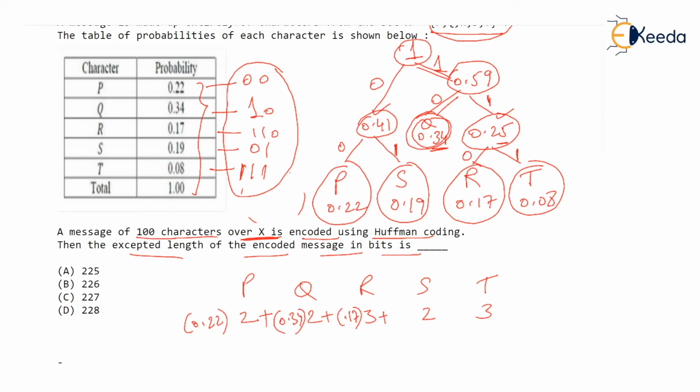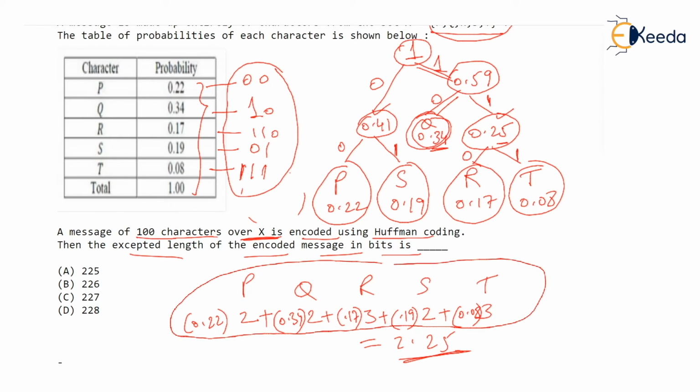The probability of S is 0.19, multiplied with 2, and the probability of T is 0.08, multiplied with 3. If you calculate this, it will come out as 2.25. So this is the average length of PQRST taken one character at a time.